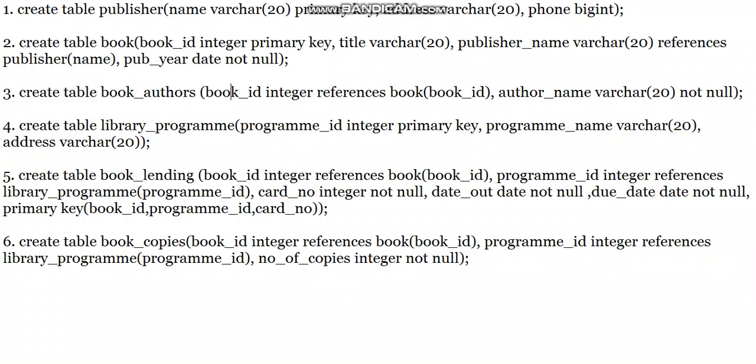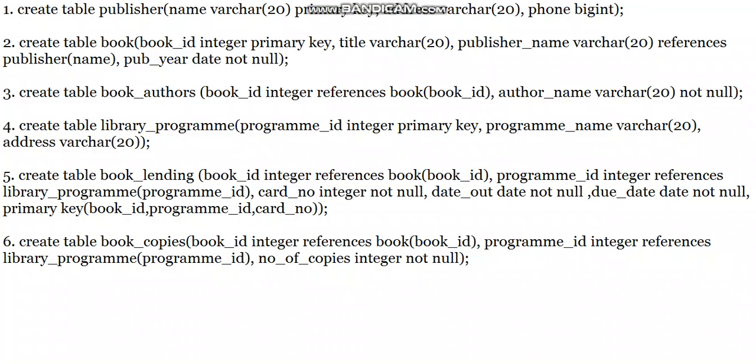This is very important: references book of book ID. You can change the name, but for the user's understanding we keep the same attribute name, so that you can understand it is the same value during inserting the values. Then the second attribute is author name, which is varchar and should not be null.